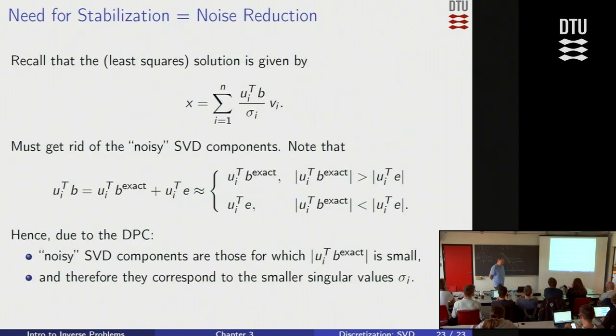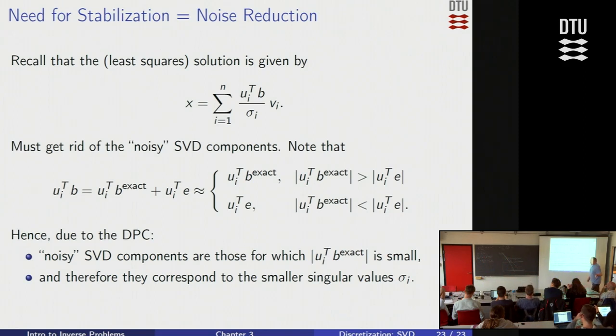And the very last slide here again connects to stuff that we already discussed previously today, namely how these errors in the right-hand side manifest themselves. We look at the right-hand side coefficients in the SVD basis, and they are, of course, equal to the exact coefficients plus the noise coefficients. That's precisely what we had over here.